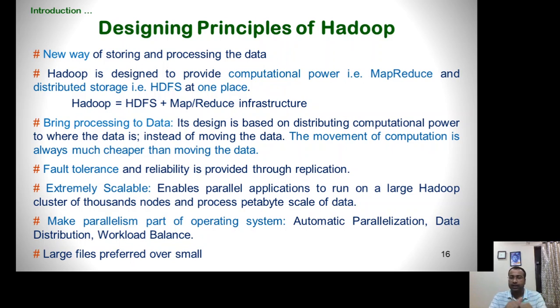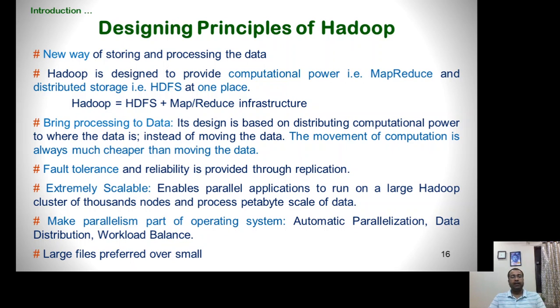They cannot handle big data. Now Hadoop provides these two features at one place: computational, analytical, processing power in the form of MapReduce, and storage facility in the form of distributed storage, that is HDFS, at a combined place. So when Hadoop was initially developed, it was basically a combination of HDFS and MapReduce infrastructure.